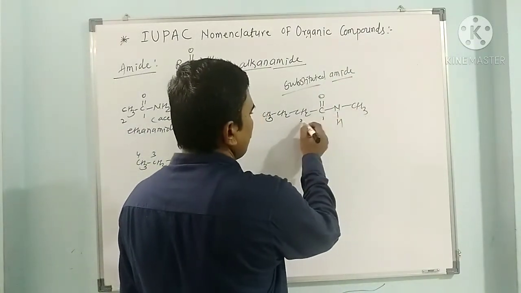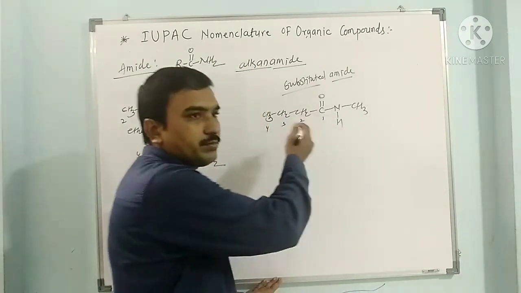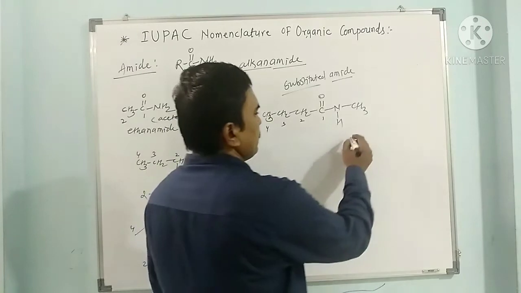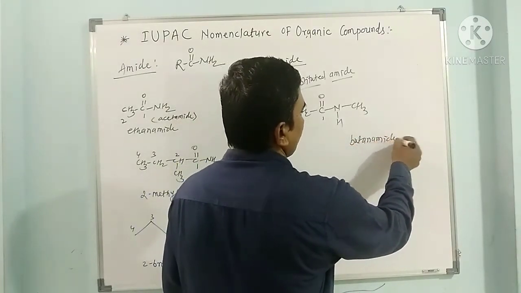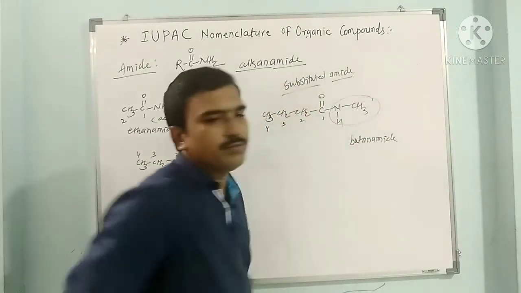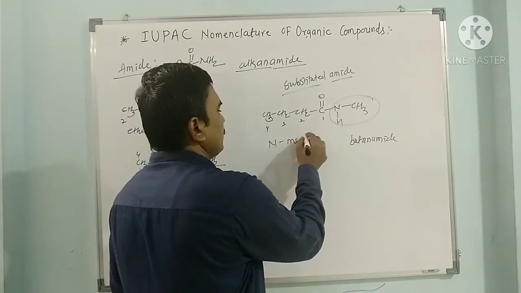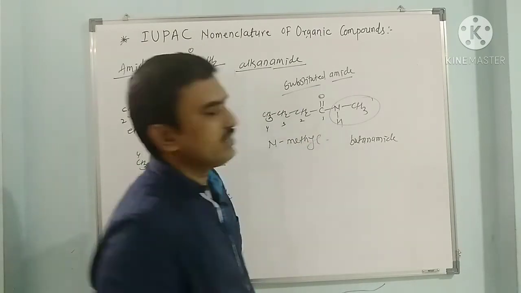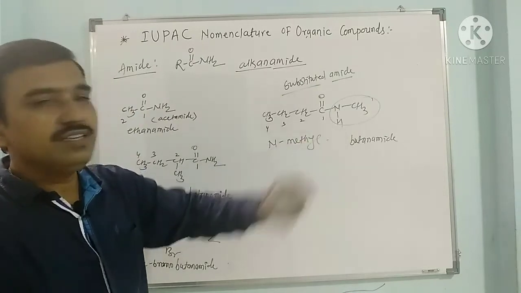This is 1, 2, 3, 4, and its parent compound is butanamide. But this nitrogen has a methyl, so it is named N-methyl butanamide.